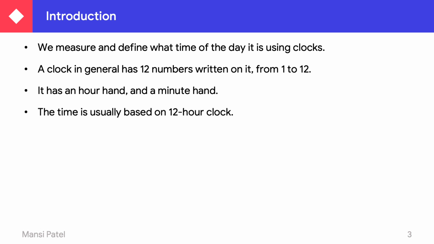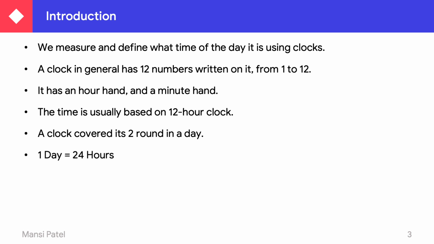The time is usually based on 12 hours. A clock covers two rounds in a day. As you know, one day is equal to 24 hours. So a clock covers two rounds to complete 24 hours.